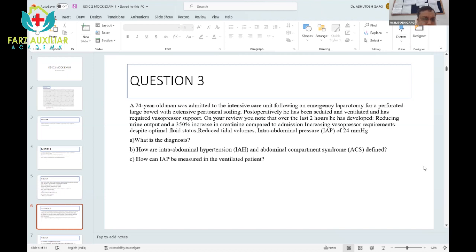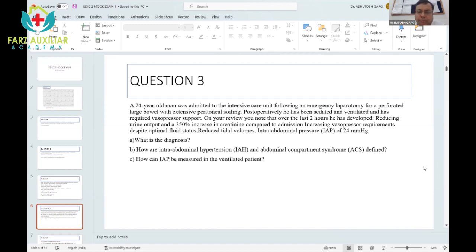And since he's a ventilated patient, we can measure it by using Kron's method, where we insert a triple lumen Foley's catheter into the bladder and check the pressure by injecting around 25 ml of normal saline, with the patient in supine position and head semi-propped up, at the end of expiration, and zeroing to be done at the level of the external iliac crest.